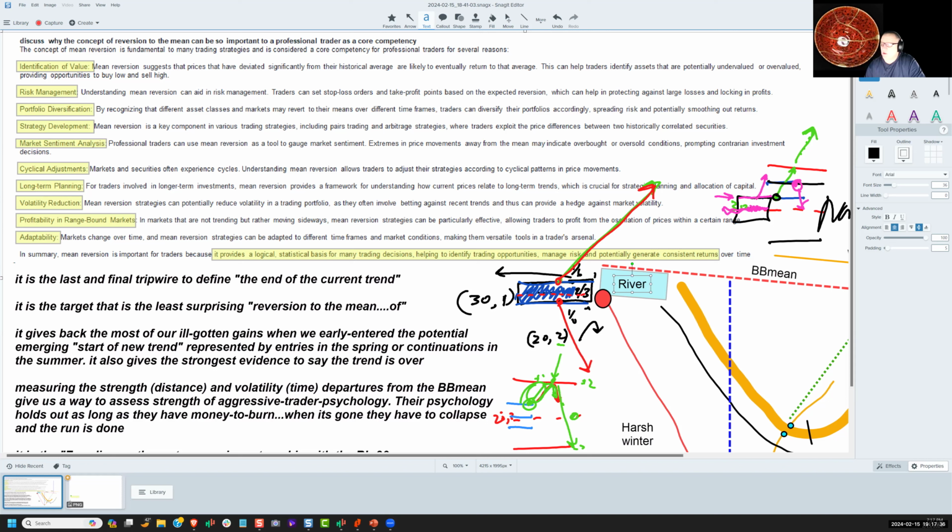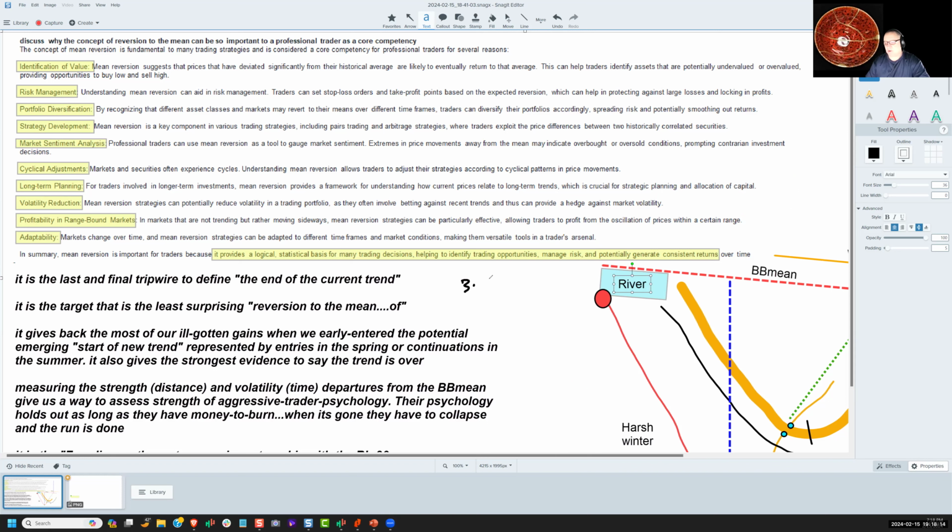And he thinks it's better to see it actually move to an extreme distance, in his case, plus or minus 2, and then see it actually start to revert and then just play that trade because you know how big the move back to the mean is. On the breakout from normal, you don't know how far this thing is going to go before it reverses. So rather than play on the uncertainty and the potential, he likes to see the actual move reverse and then play reversion to the mean.